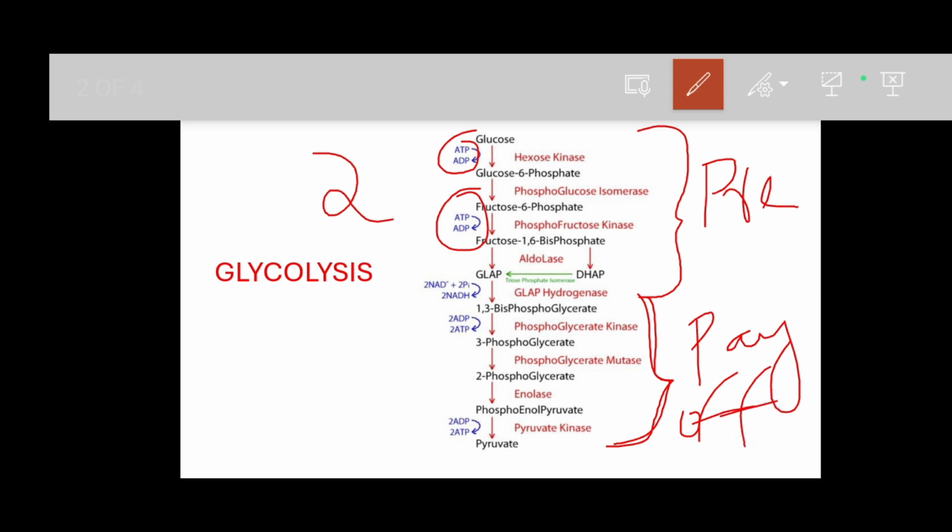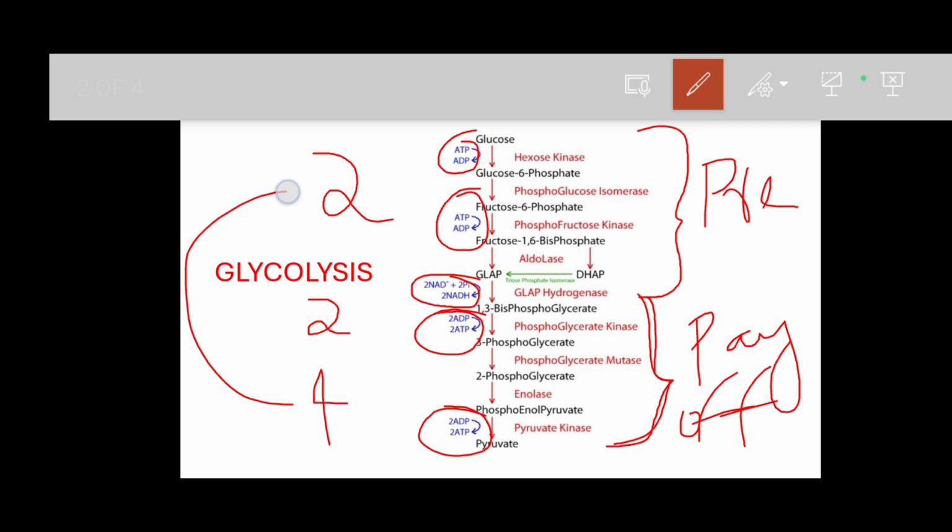In the payoff phase, 2 moles of NADH are formed, and 2 moles of ATP are formed here and 2 moles of ATP here. That is, 2 moles of NADH and 4 moles of ATP are formed. But in the preparatory phase, we utilized 2 ATP, right? So 4 minus 2 is equal to 2.